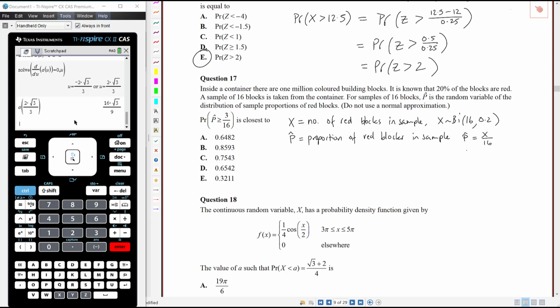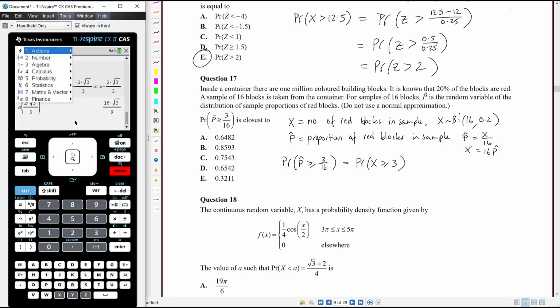So x is equal to 16 times p hat. If I want to know the probability that p hat is bigger than or equal to 3 on 16, that is the same as the probability that x is bigger than or equal to 3. If I want the proportion to be 3/16, then the number of red blocks in the sample has to be 3. And so then we just use our binomial.